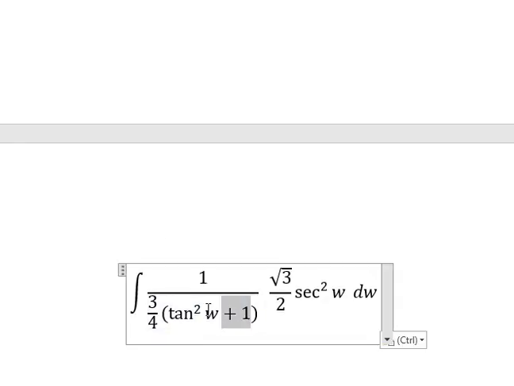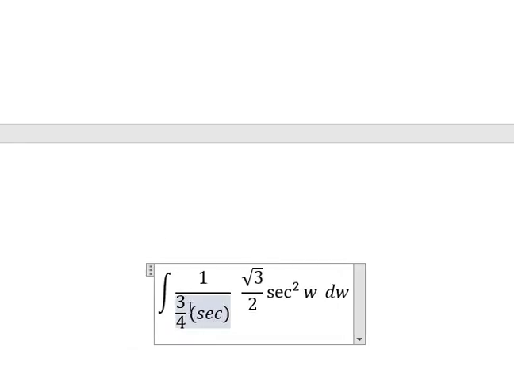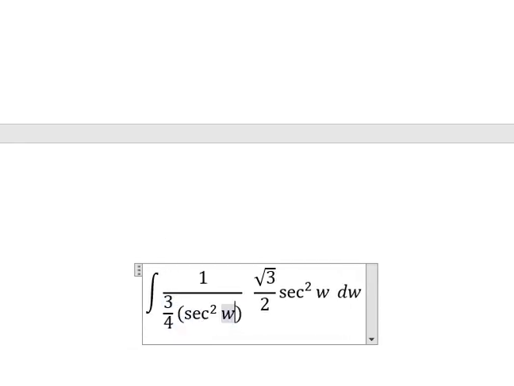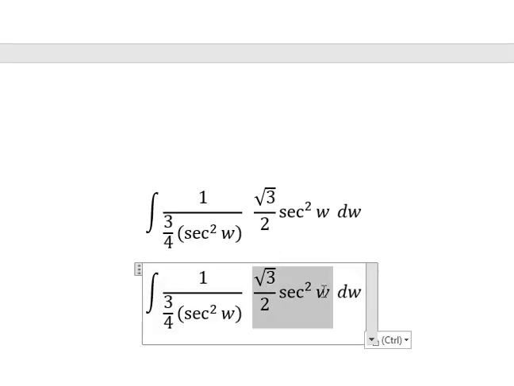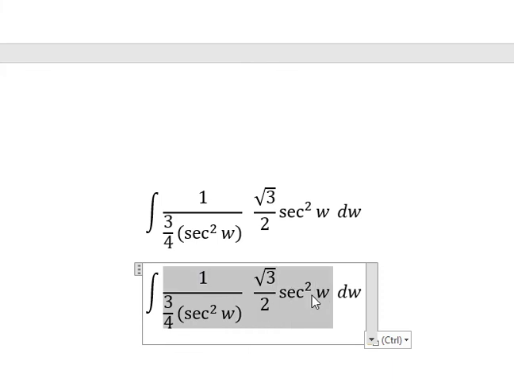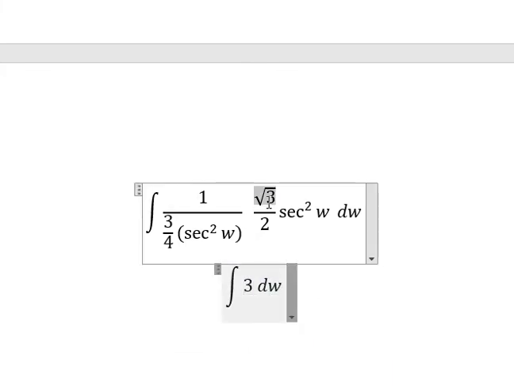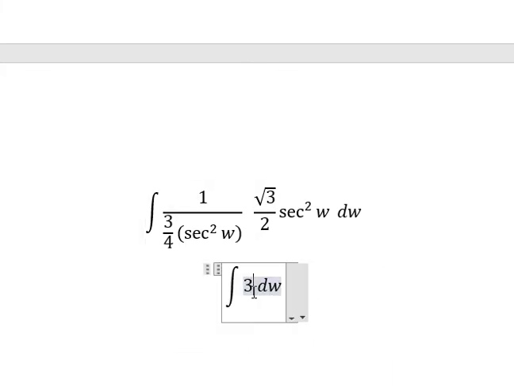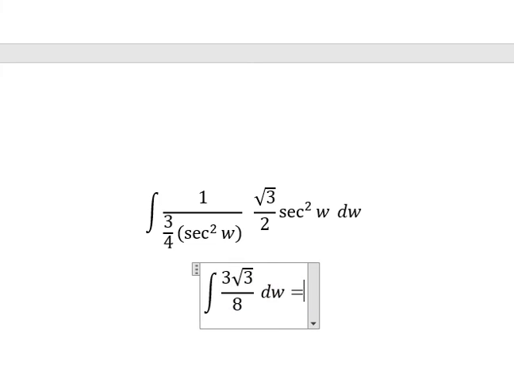This one we change by secant of w squared. And now we simplify this one over this one, and we have like this. So this one we have like this.